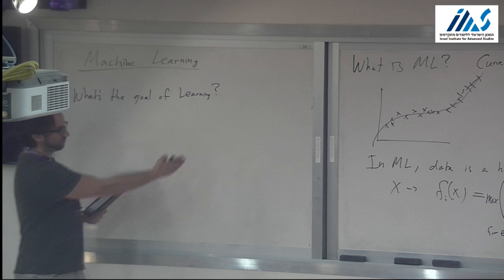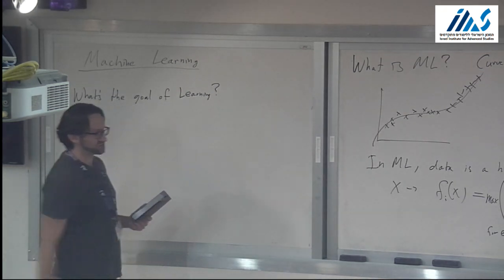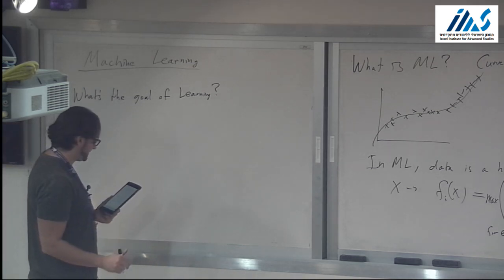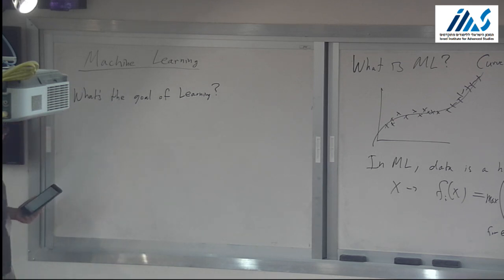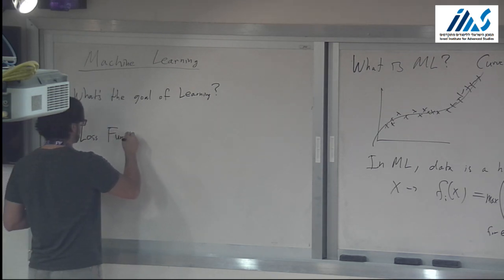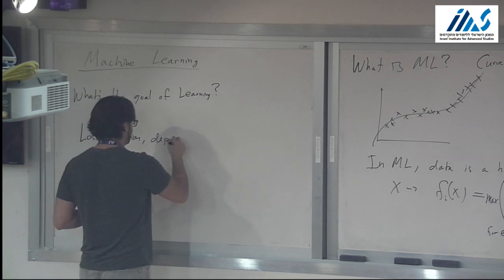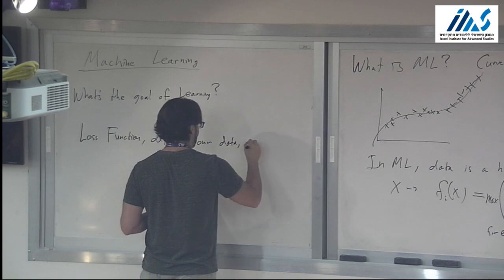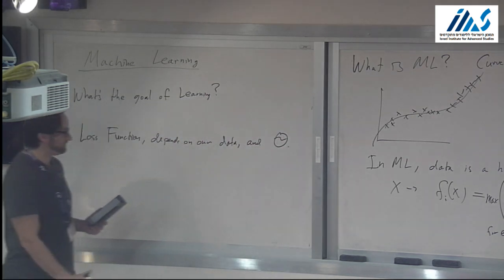Now, what is the kind of thing that you do? I told you that ML is just curve fitting. We now have this function. So something that I'm sure everyone has done is solve least squares. So we can write something called a loss function, which depends on our data and the neural network parameters theta.